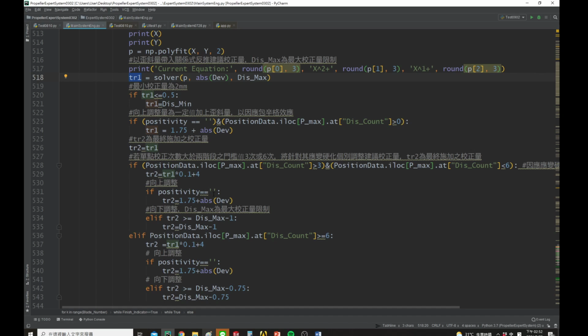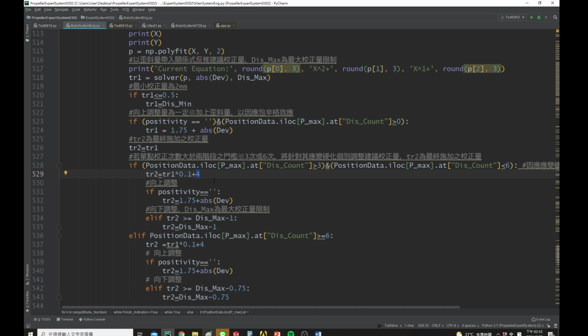Okay, so the TR1 value comes out, we need to add a certain number according to the number of tunings.